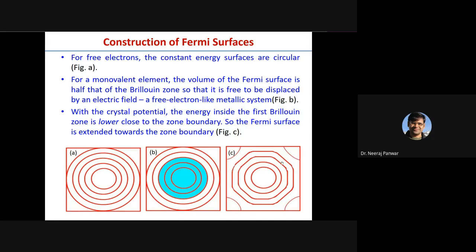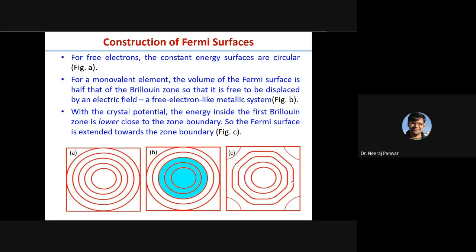As you can see in the third diagram, the shape of the Fermi surface will get distorted. Deep inside the Brillouin zone, it is circular in shape, but as we increase the concentration of electrons, the Fermi surface starts interacting with the Brillouin zone boundary and gets distorted.